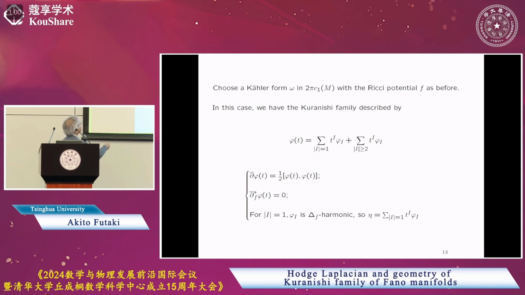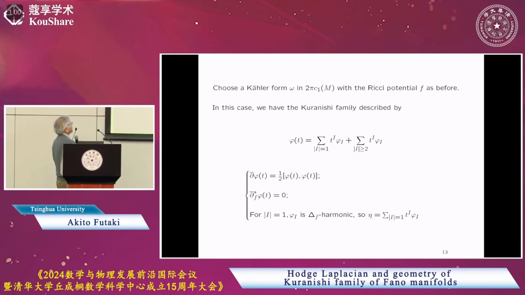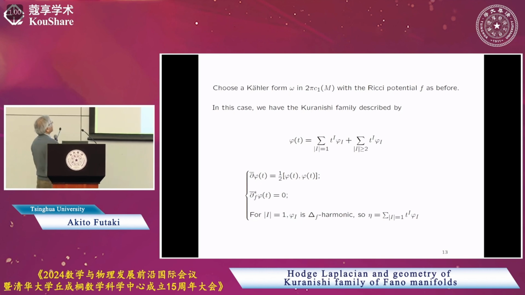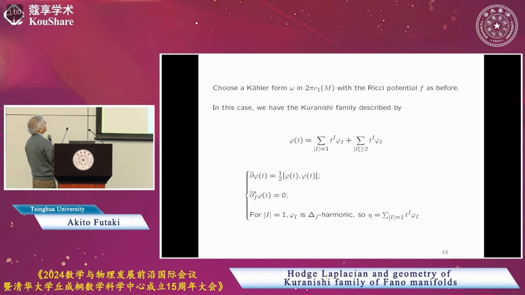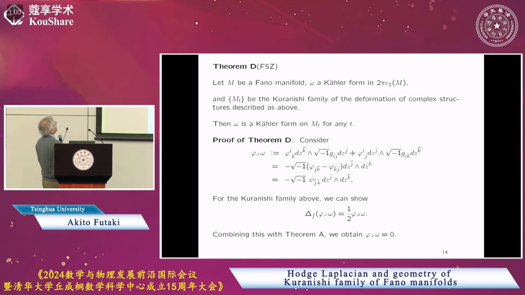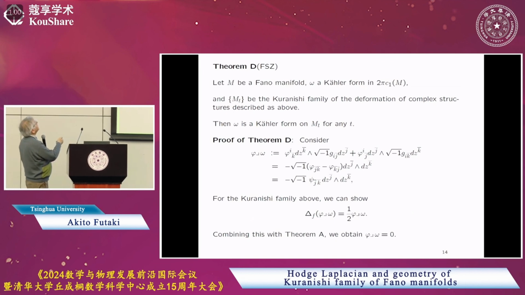Then this is a sort of gauge fixing condition to get a finite dimensional transverse direction. This was considered by Kuranishi, and the first application of the Hodge Laplacian is this. This is basically due to Schumacher's previous work.